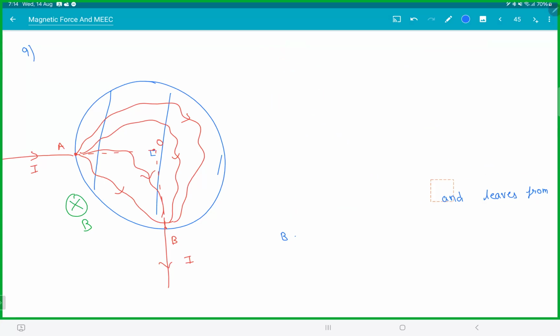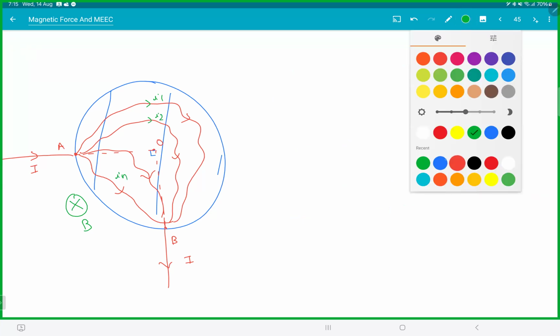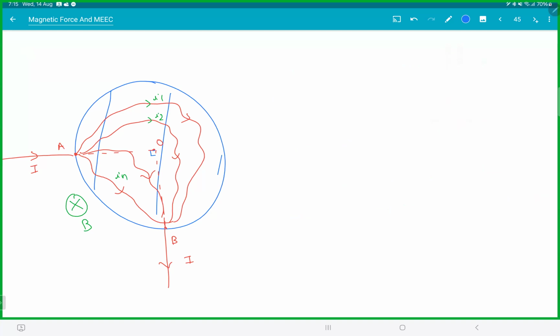Agreed, current is going in random directions, but if I take this current as I1, this current as I2, and this current as IN, no matter how the current goes, the projected length for all of them is the same, isn't it? Because for projected length, what matters is the initial and the final point. For all current paths, the projected length is the same.